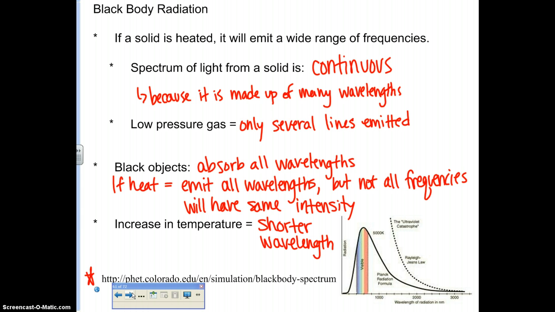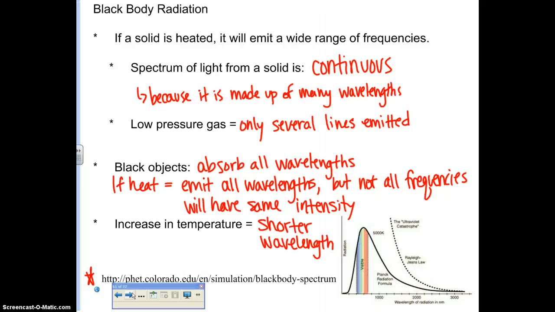Blackbody radiation. You have a PhET simulation to complete on this. After this section, I would suggest that you work on that simulation. If a solid is heated, it will emit a wide range of frequencies. The spectrum of light from the solid would be a continuous spectrum, many colors, because it's made up of many wavelengths. A low pressure gas will only show several emission lines, so only several particular colors will be shining through.